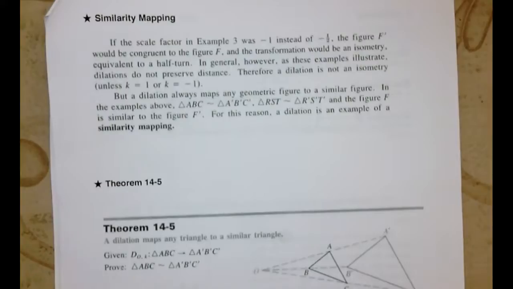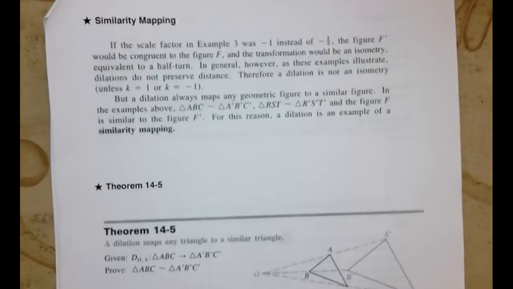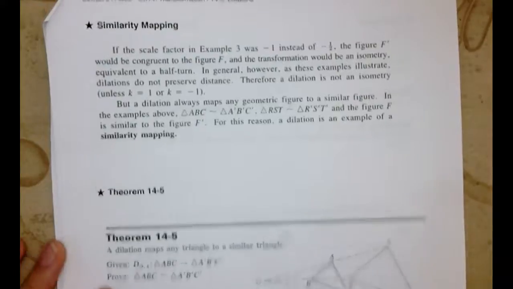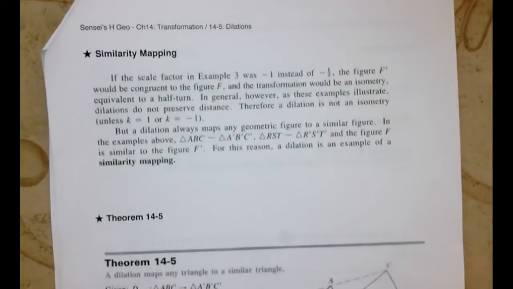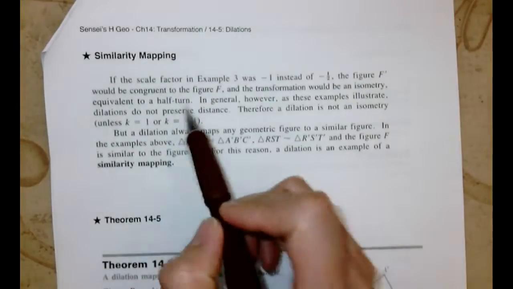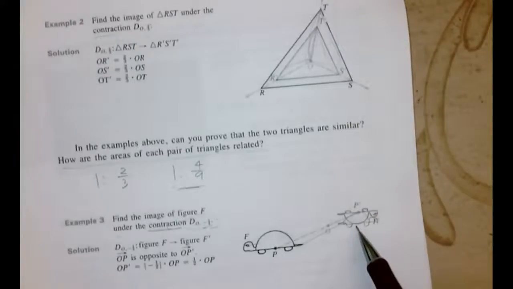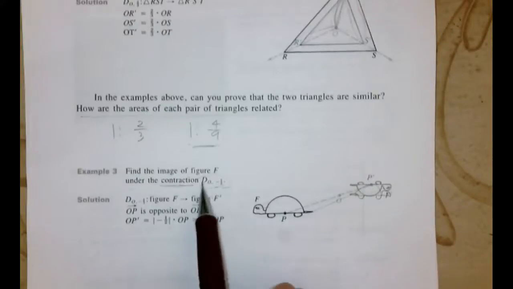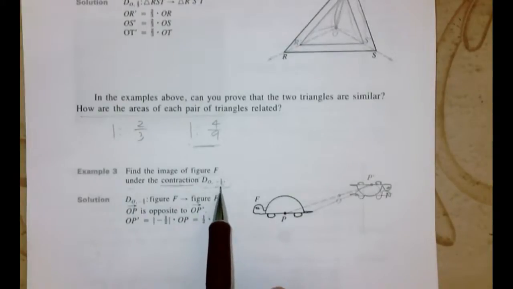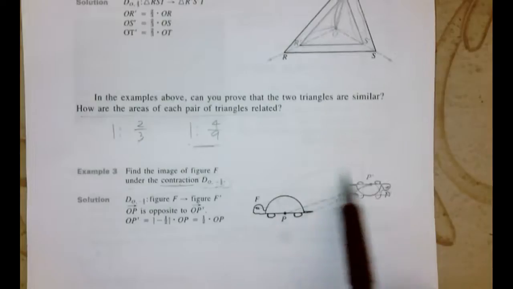Alright, similarity mapping. If the scale factor in example 3 was -1 instead of -1/2, the figure F' would be congruent to figure F, and the transformation would be an isometry, equivalent to a half turn. So if this one wasn't smaller, but the same size because it was the dilation with center of -1, then this is just a rotation, right?